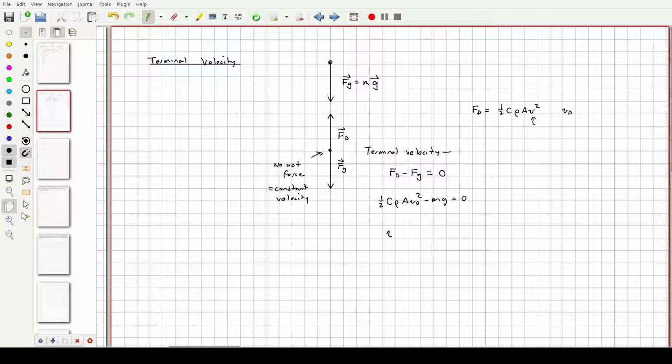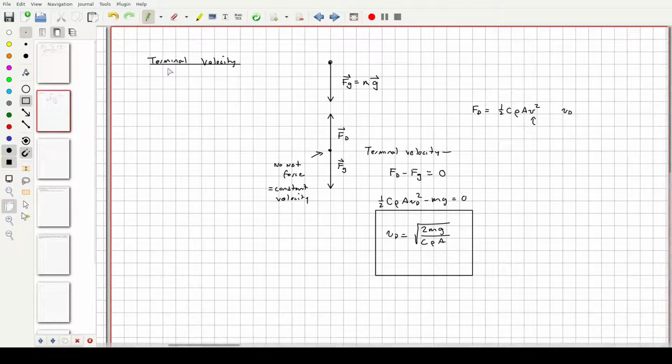So you could find this drag force if you wanted just by solving for it, right? And if you do that, you end up with something that looks like this right there. So here's the equation that you would deal with if you wanted to find what the terminal velocity was of something that was falling through air.